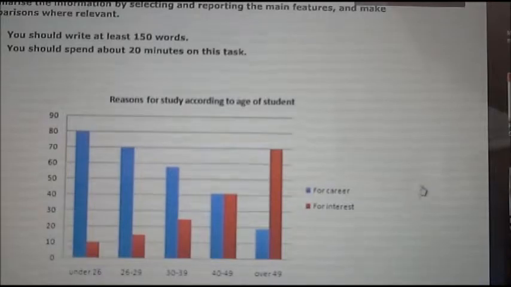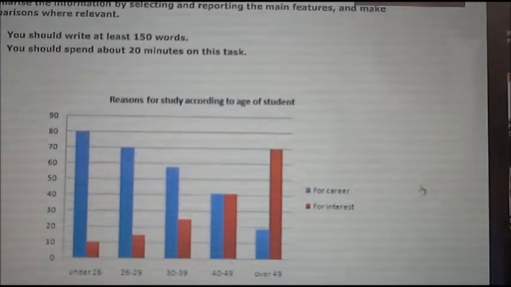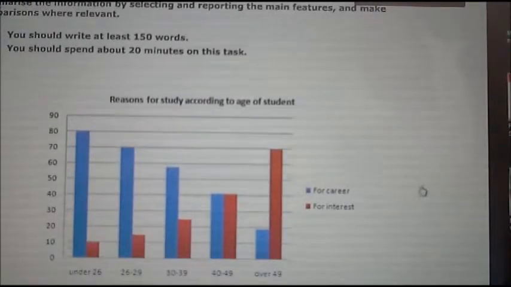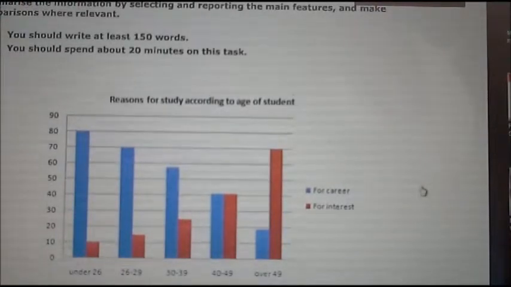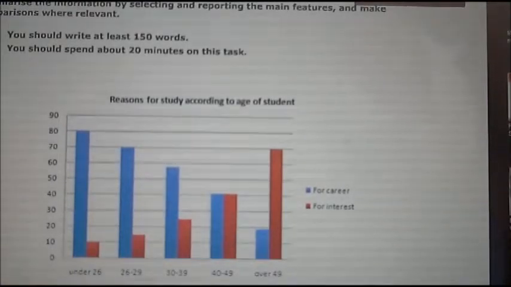Because before we start to describe the graph, we should try to find out what is on the graph. 100 is the total. I think this study probably was made on 90 people.